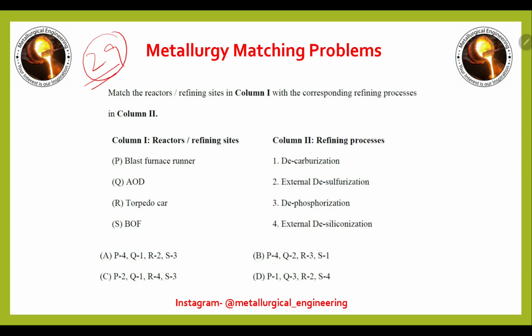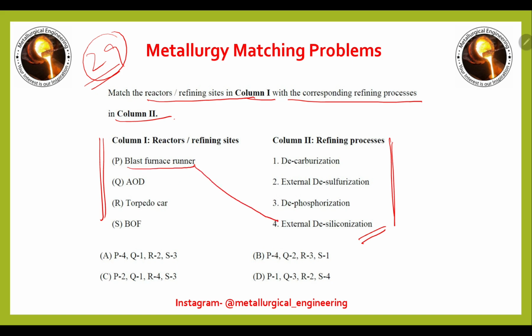This is the 29th problem. In this, match the reactor refining sites in column first with the corresponding refining process in column second. These are the reactors and refining sites, and these are the refining processes. First, the blast furnace runner matches with external desiliconization.